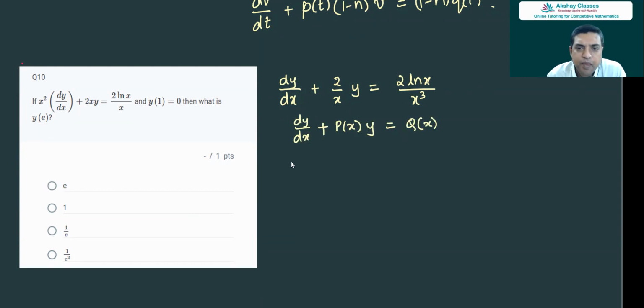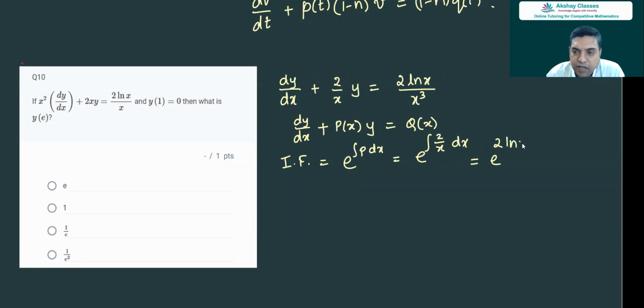So integrating factor is e power integral p dx, which is e power integral 2 upon x dx, which is e power 2 log x, which becomes x square. The integrating factor is x square.